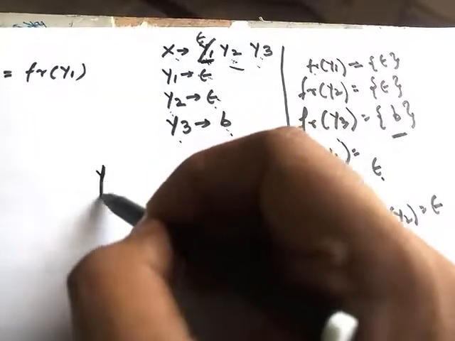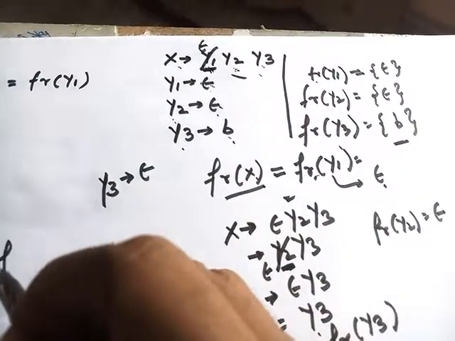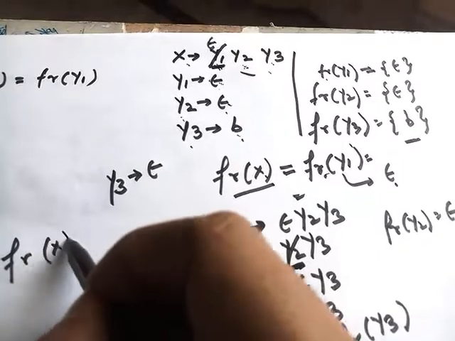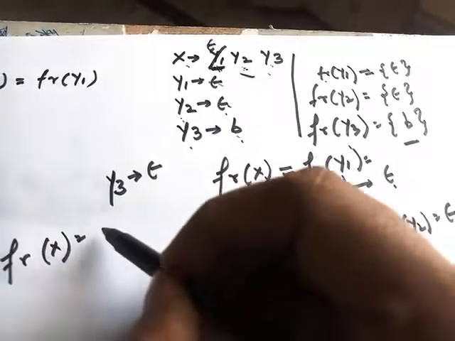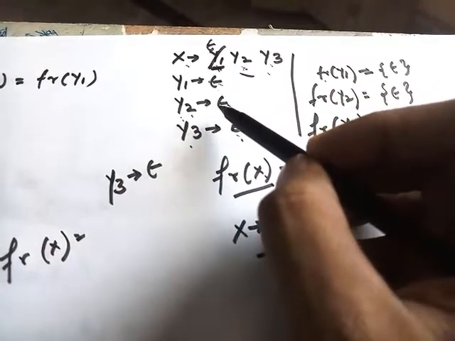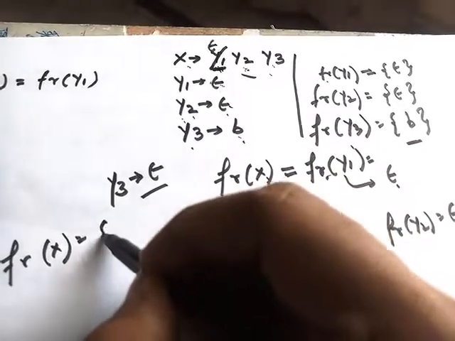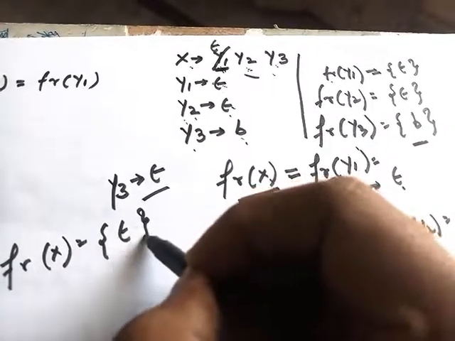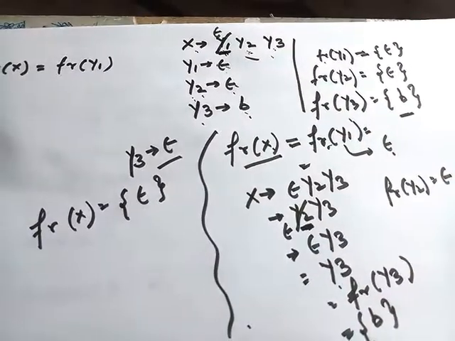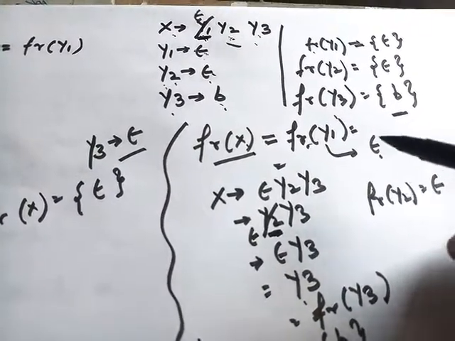Now if Y3 is also epsilon, then what is first of X? First of X is first of Y1, that is epsilon, first of Y2, that is epsilon, and first of Y3. And if it is also epsilon, then first of X is nothing but epsilon. So these are the two cases. We will see some examples to understand the basic model.